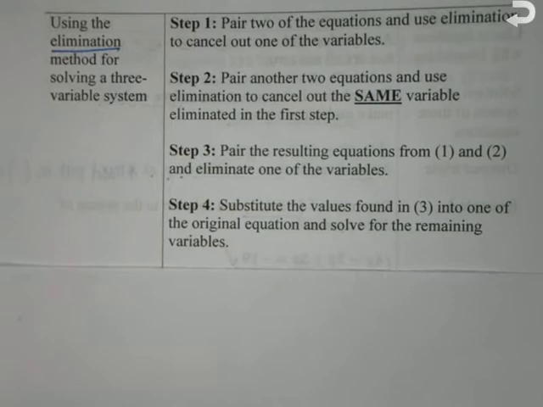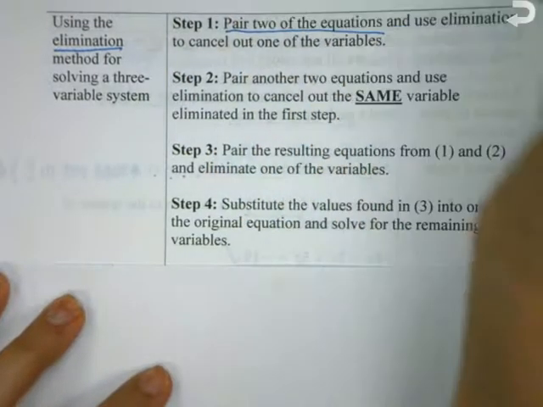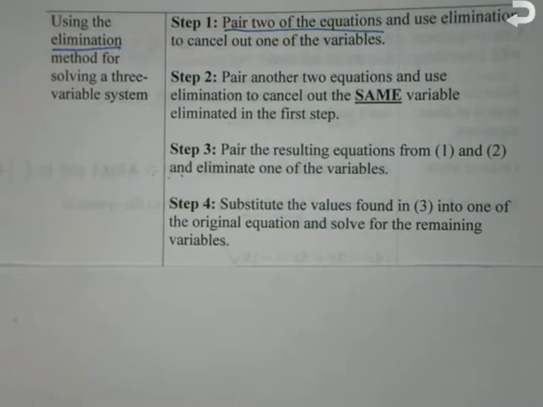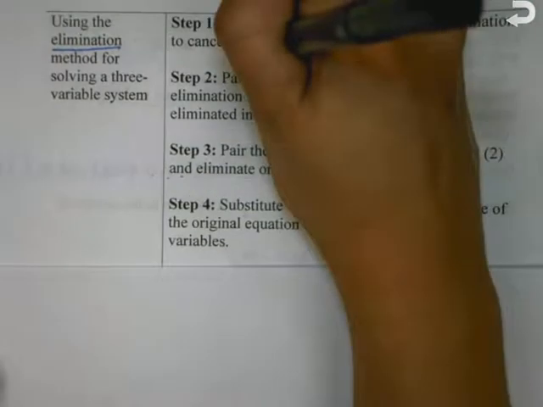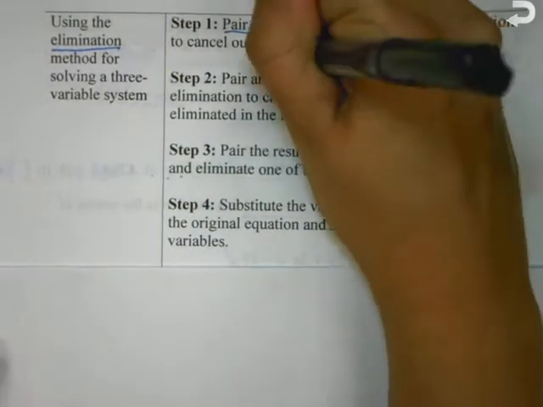So what we're going to have to do when we want to use elimination method for 3 variables: first we're going to pair 2 of the equations, and use elimination to cancel one of the variables. Just one. Okay?